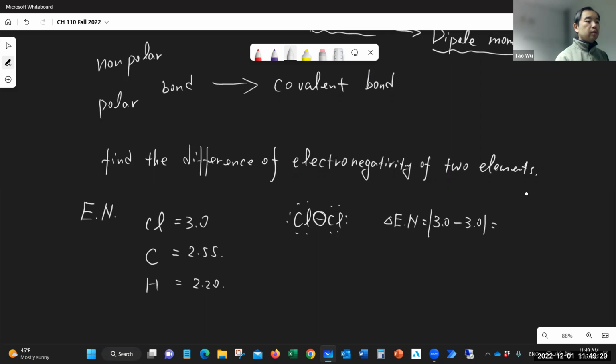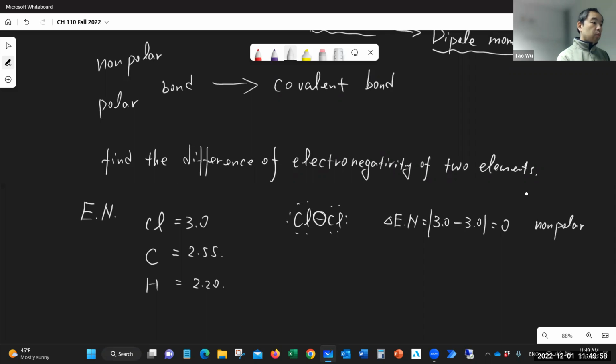So the difference is 0. That means this is nonpolar. Which means in the future, if you see a bond between exactly the same elements, for sure this bond is a nonpolar bond.